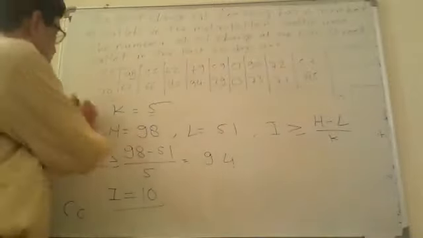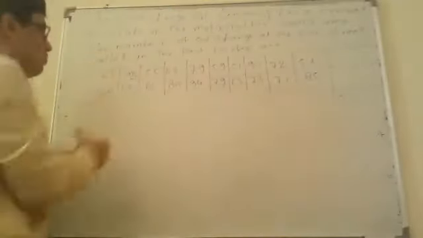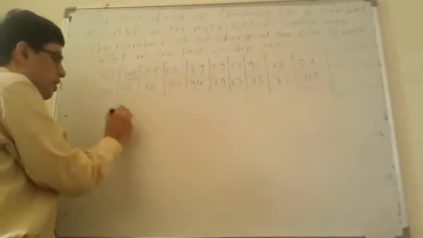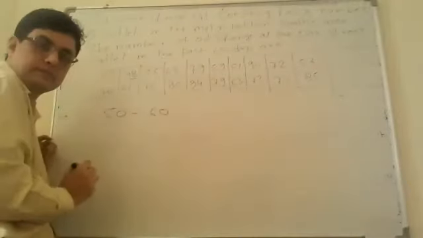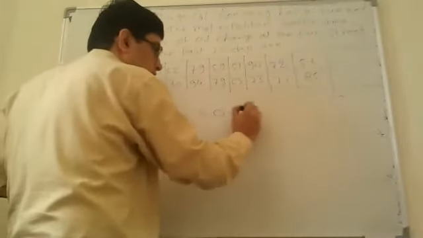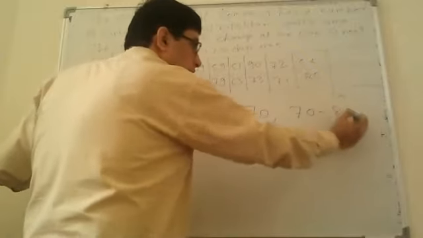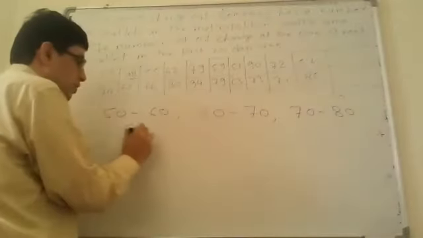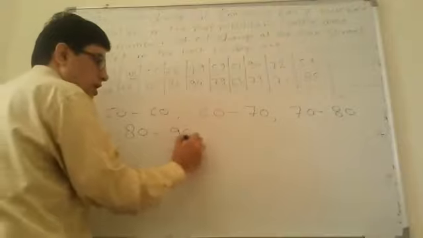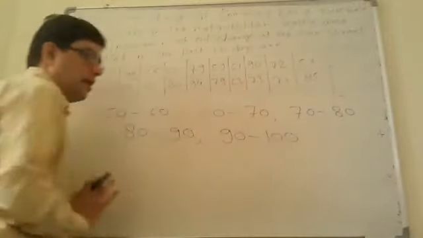Here 51 is least, so you can take 50 to 60, then second 60 to 70, then 70 to 80, then 80 to 90, then 90 to 100, like that.